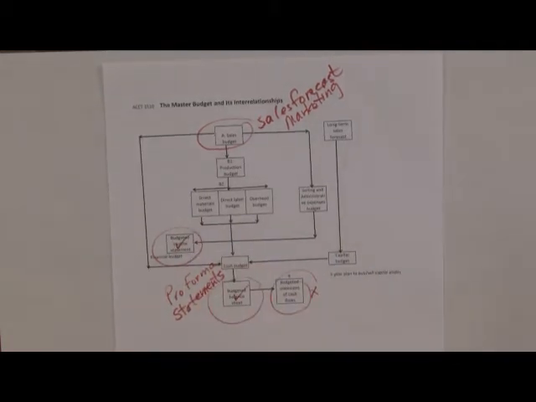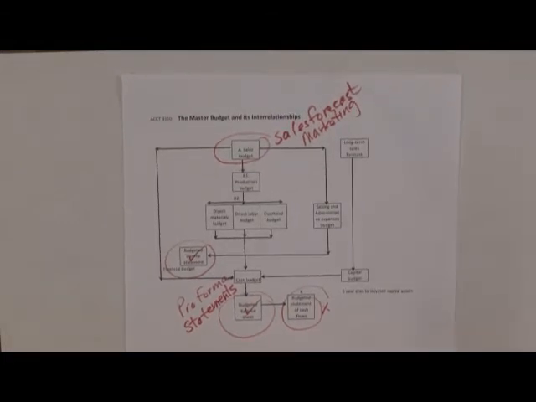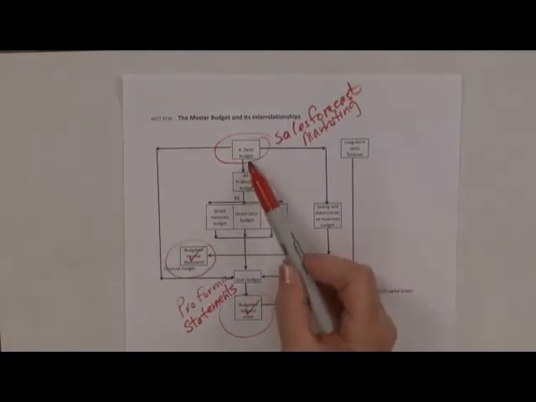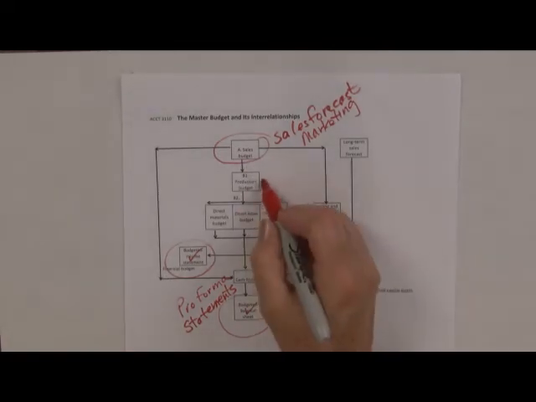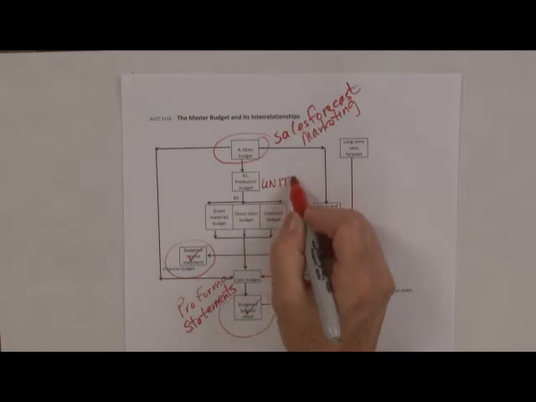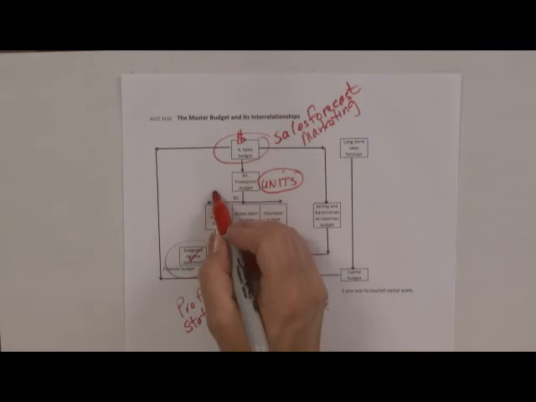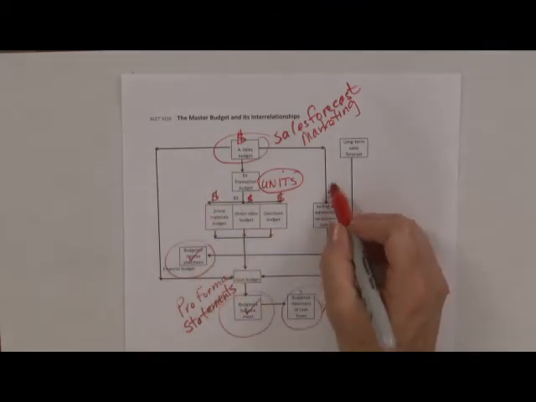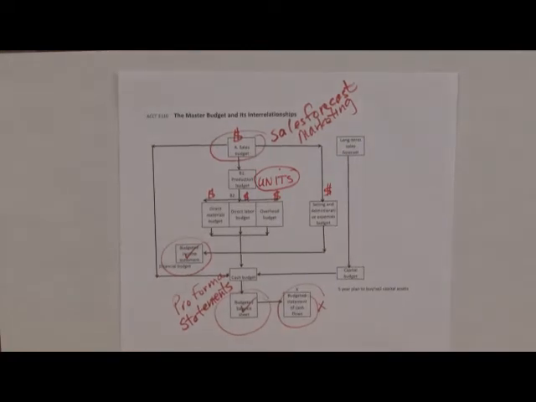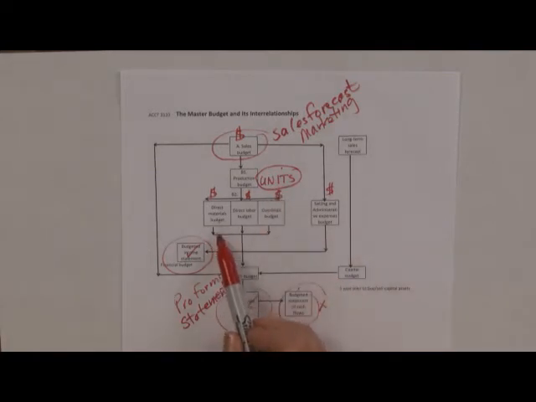I want to point out to you too that the sequencing is very important. The sales budget leads to the production budget, and the production budget is the only budget that we do that will be expressed in units. All the others are going to be expressed in dollars. So once you know the units to be produced in the organization, you're able to do a direct materials budget.